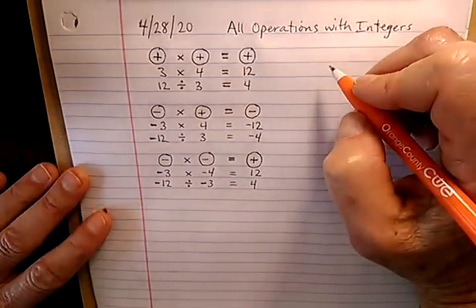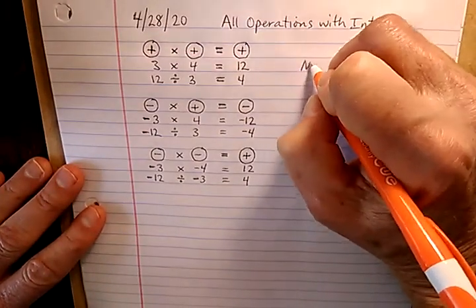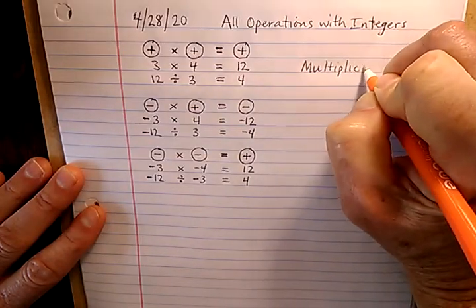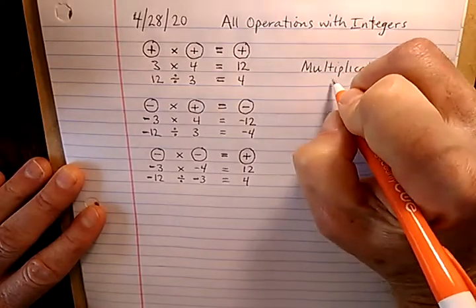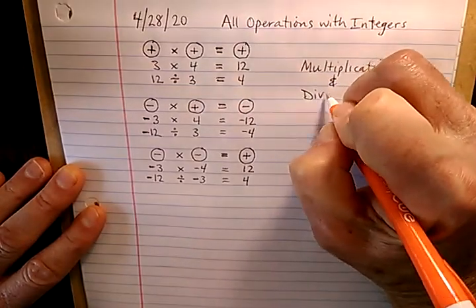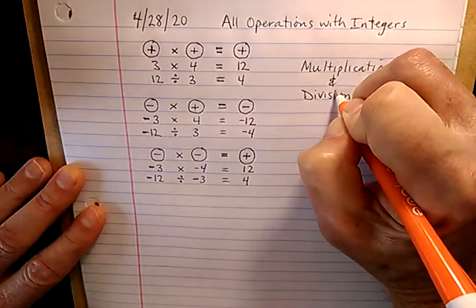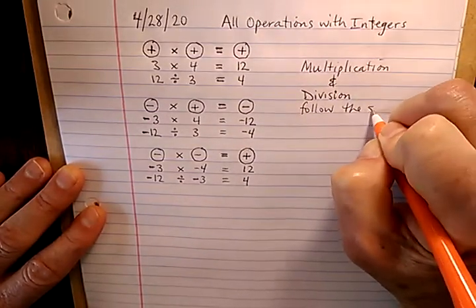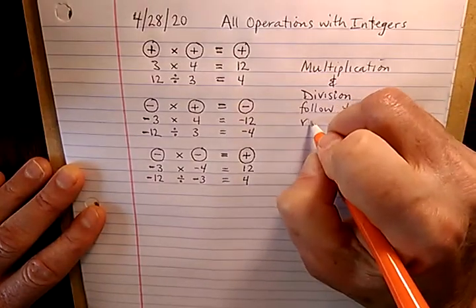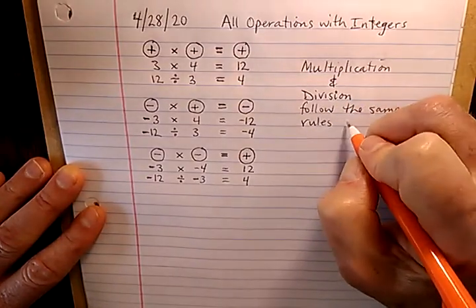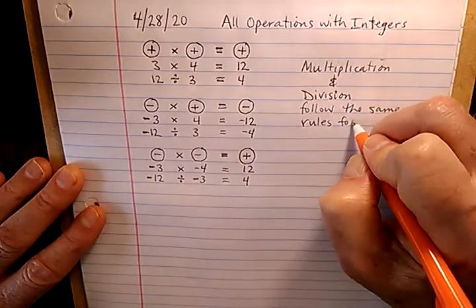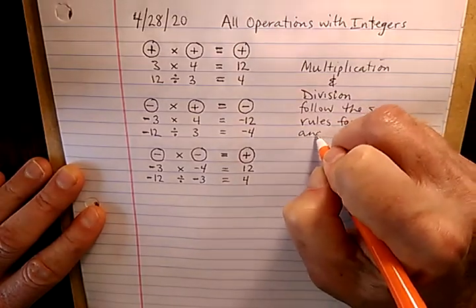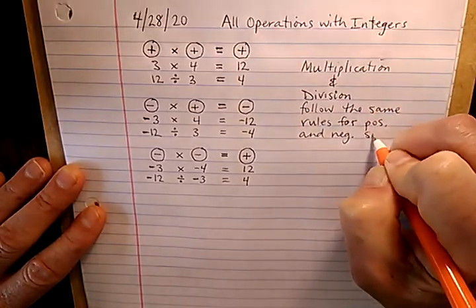Okay, so let's write multiplication and division follow the same rules for positive and negative signs.